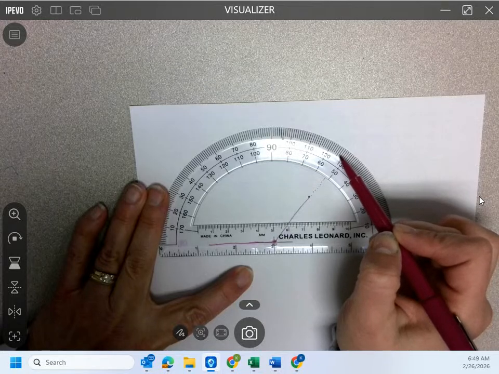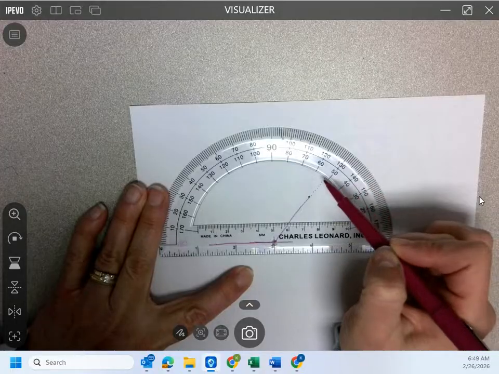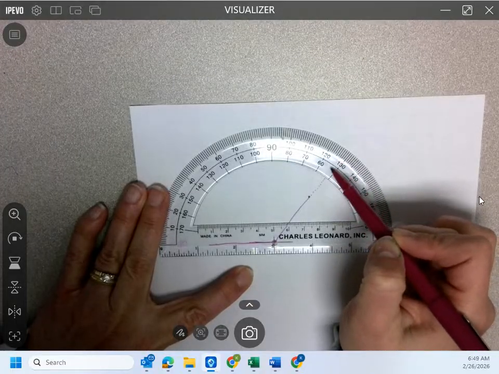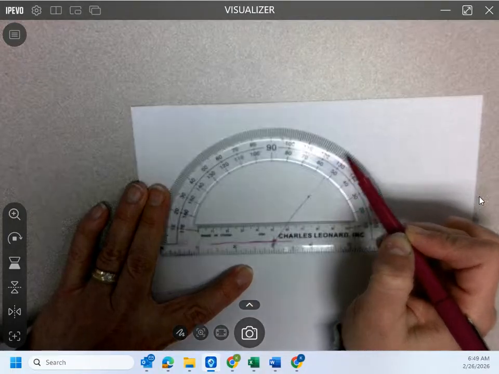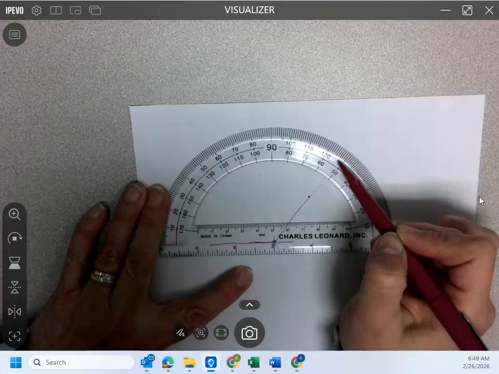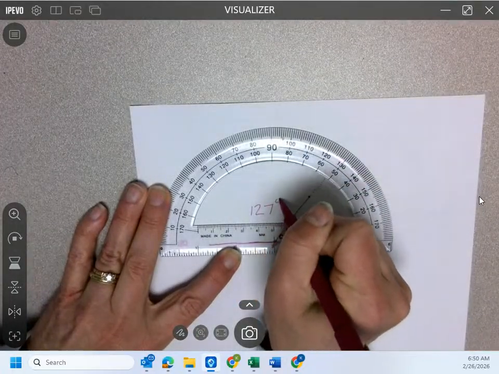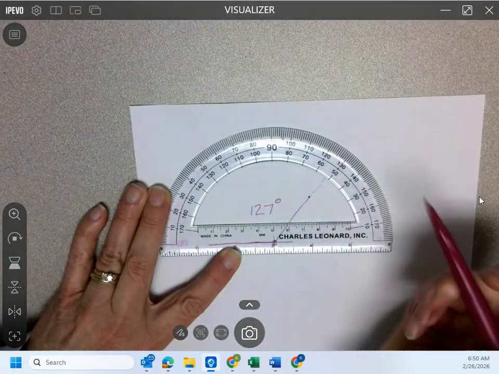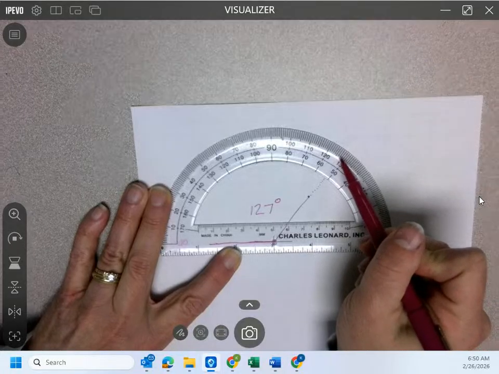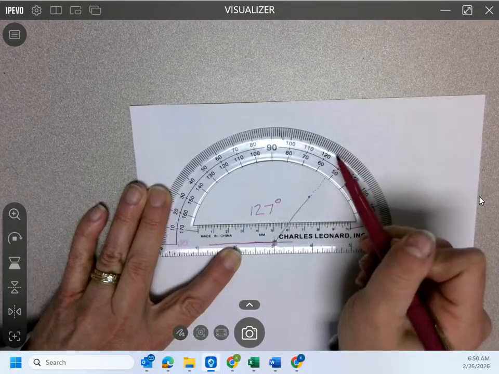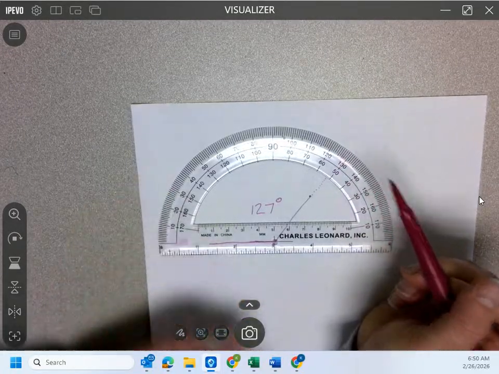I'm guessing 127. It's hard to know exactly where it is. I would say this is probably 127. So I would call this 127 degrees because it's less than 130. I know it's greater than 125.